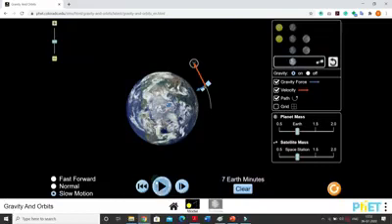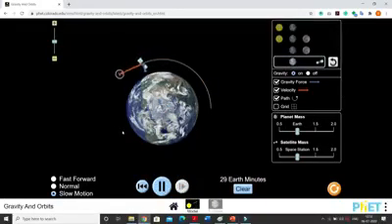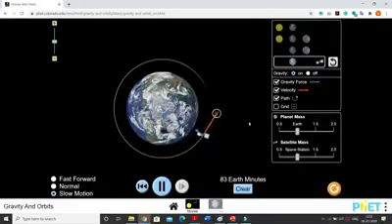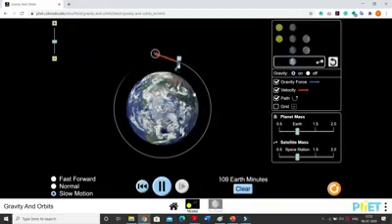And as you can see, the satellite is orbiting the Earth in a circular orbit. These points are clear to you: gravitational force is always towards it. It's an attractive force, and they are equal in magnitude and opposite in direction.